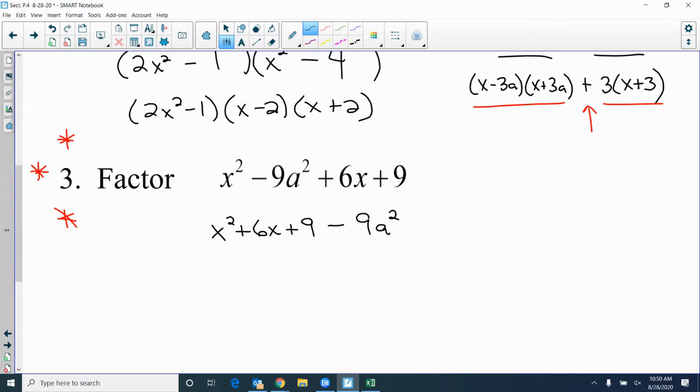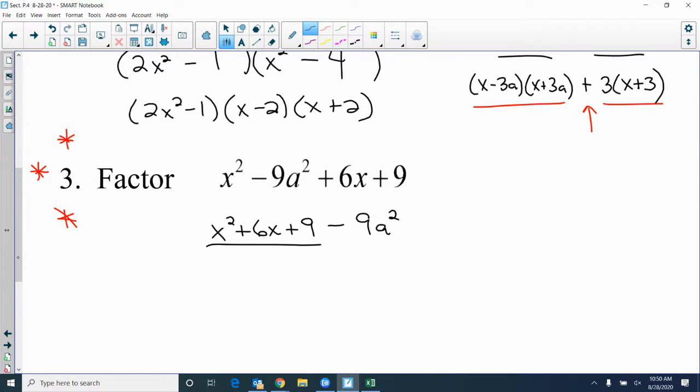Okay. I'm going to group the first 3 terms. I'm going to create a difference of squares. What does x squared plus 6x plus 9 factor into? X plus 3 times x plus 3.